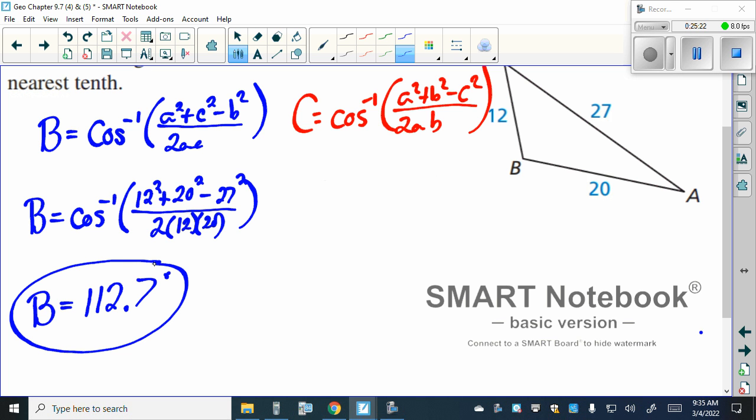Let me look. Yep. You added the 27 squared instead of subtracting it.